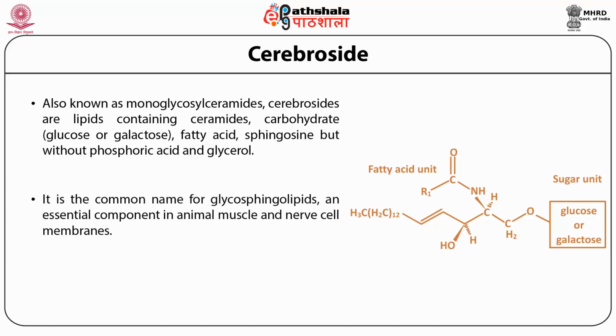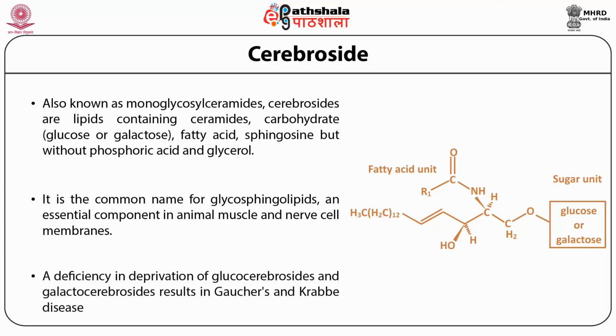It is the common name for glycosphingolipid, an essential component in animal muscle and nerve cell membranes. A deficiency in degradation of glucocerebrosides and galactocerebrosides results in either Gaucher's and or Krabbe's disease. A typical example structure of cerebroside is shown herein.